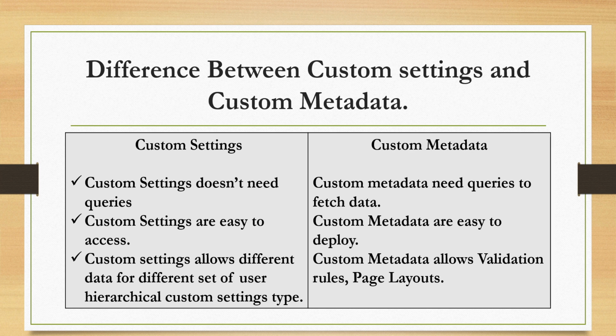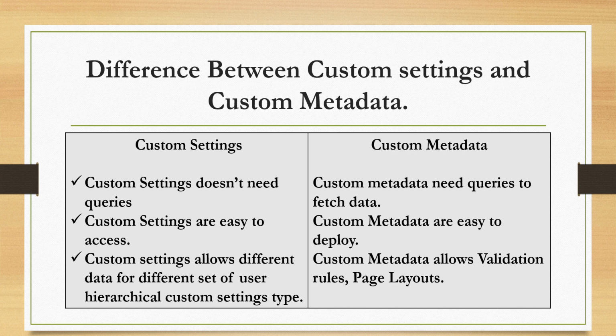Okay, if we want to deploy custom metadata as well as your data, then it is easy to deploy. In custom setting we can deploy the custom setting and your object fields, but we cannot deploy your data from sandbox to production. But in custom metadata we can deploy our data also.